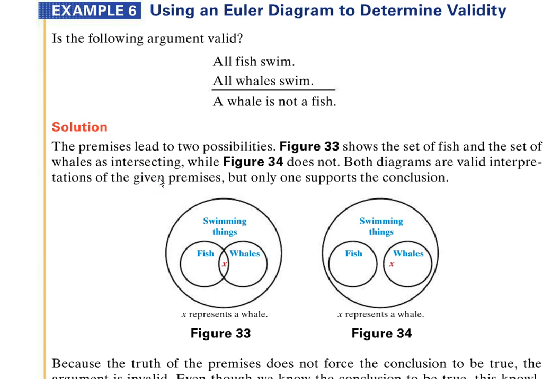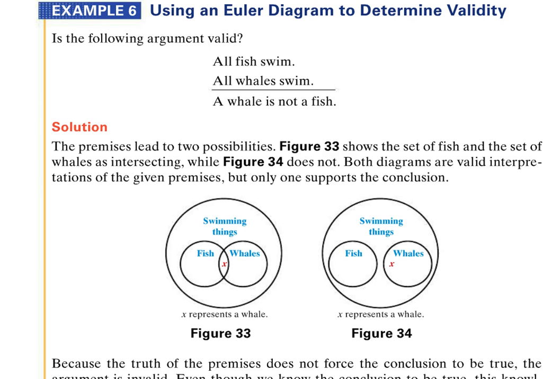All right, let's look at example 6. All fish swim. All whales swim. A whale is not a fish. Now, the premise leads to two possibilities.